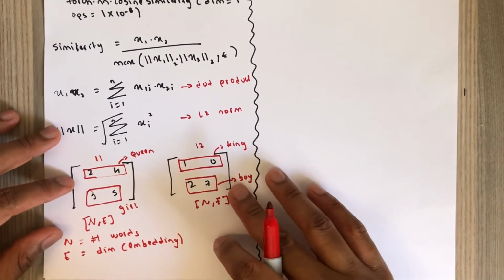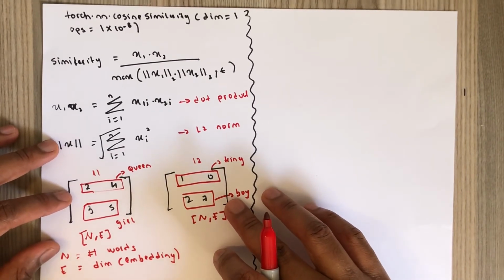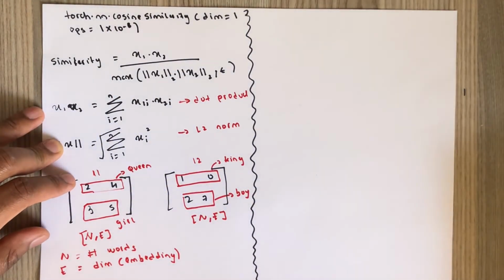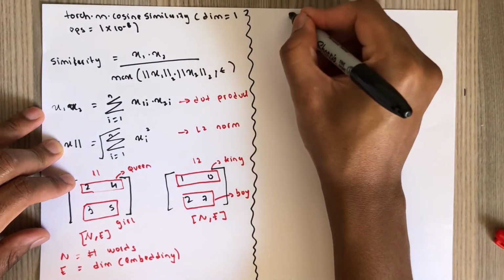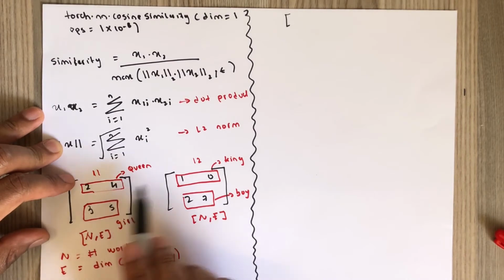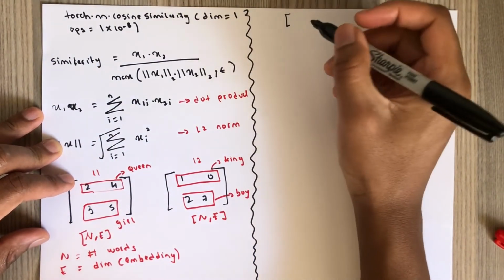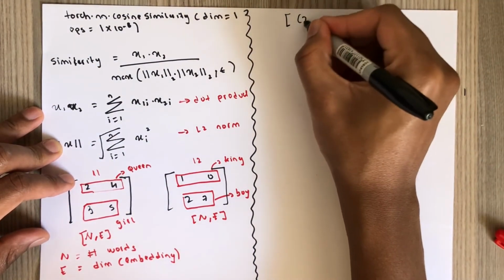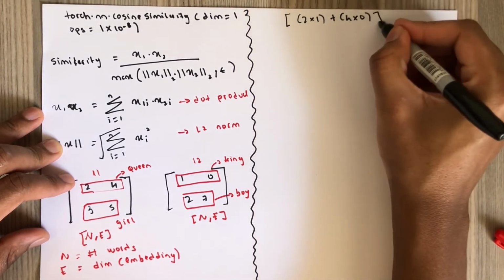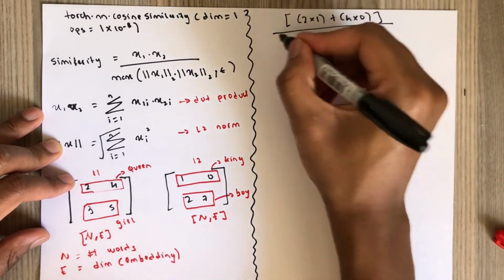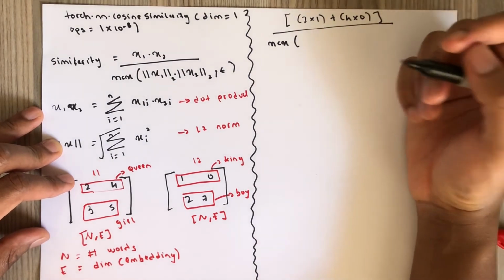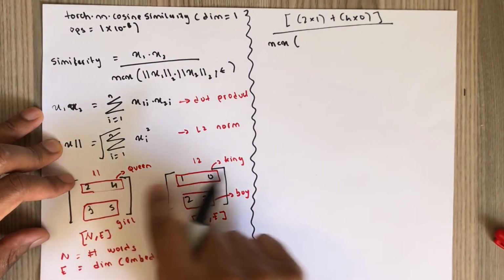Alright, so we need to compute the cosine similarity between queen and king. Okay, so we take the dot product, which is 2 times 1, plus 4 times 0, then divide by the max of the multiplication of the L2 norm of the first one and the second one.